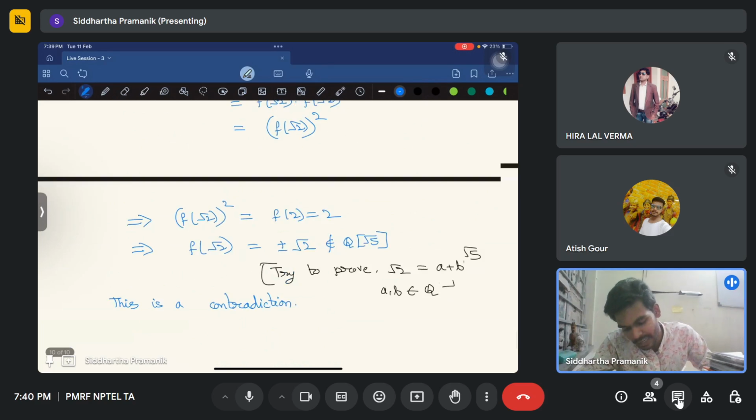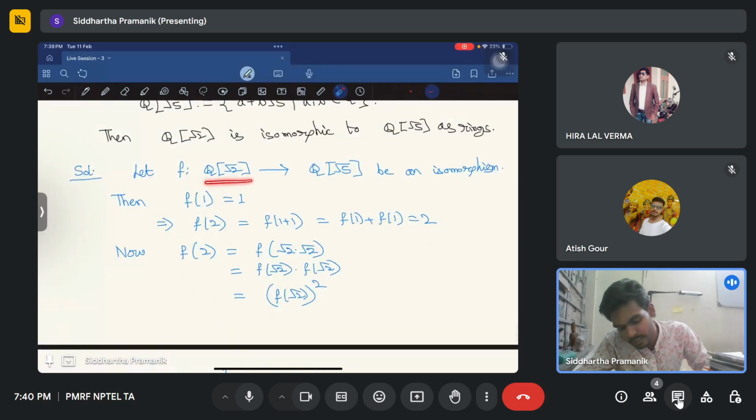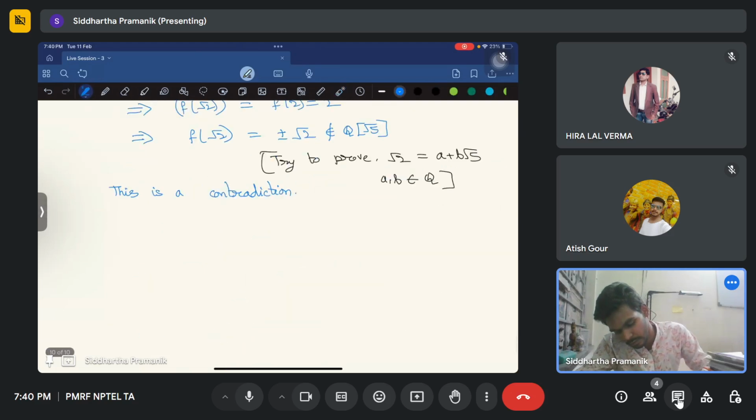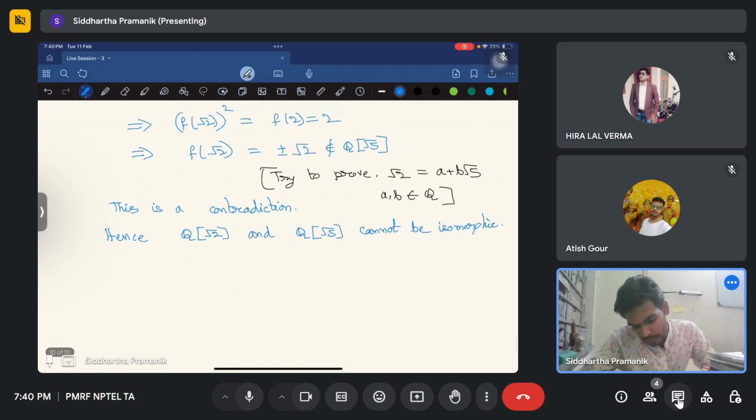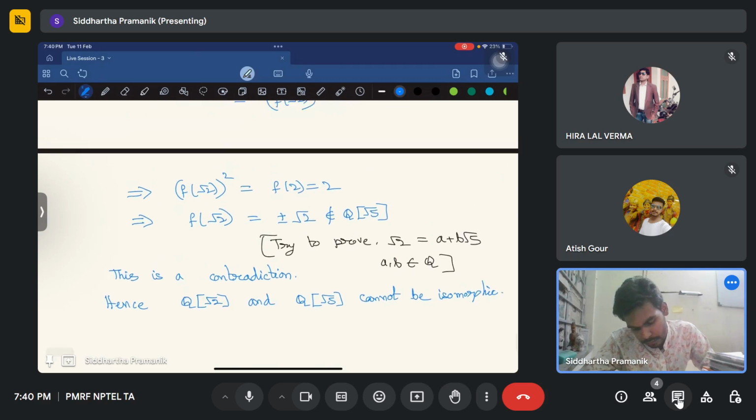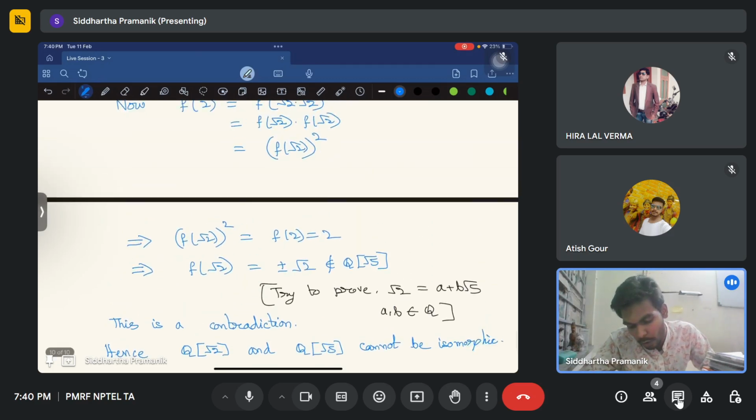So there cannot be any isomorphism between these two rings. Hence, Q root 2 and Q root 5 cannot be isomorphic. Okay, I hope you have got the idea for this.